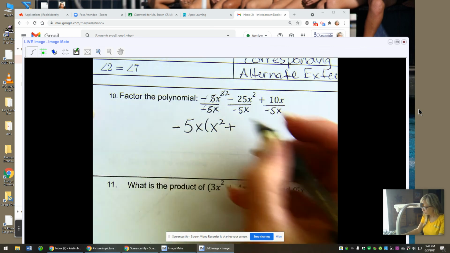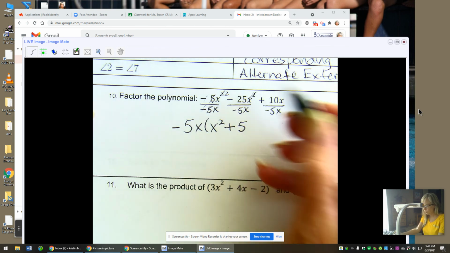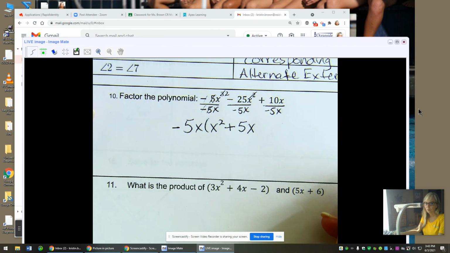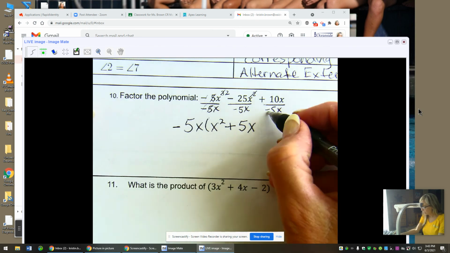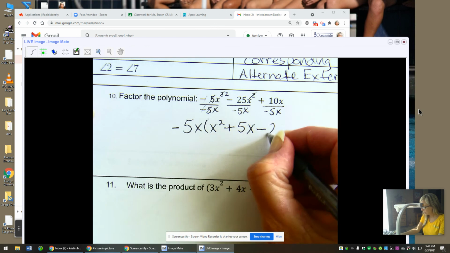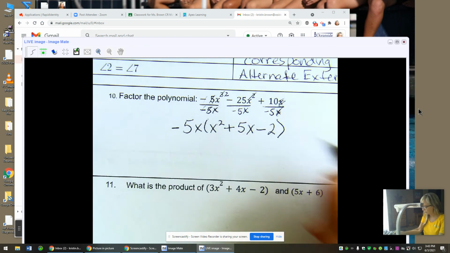And 5 goes into 25 5 times. One of these x's is going to take away one of those, leaving me with 1x. And when I divide here, the negative and the positive, I end up with a negative. And 5 into 10 twice, and these two x's become a 1 or disappear, you could say.